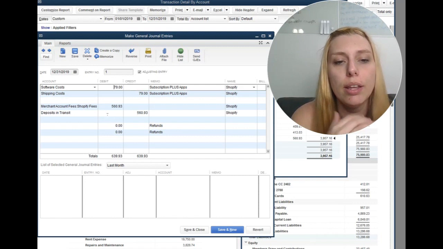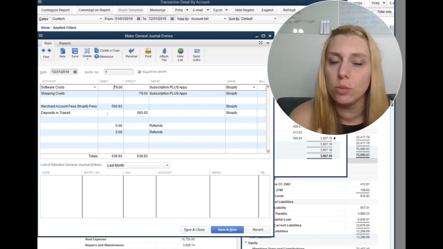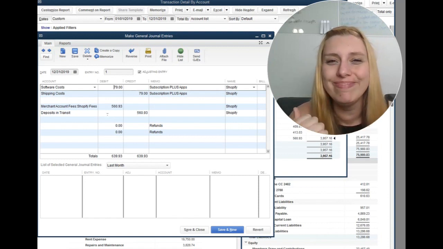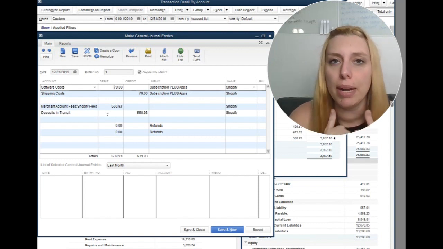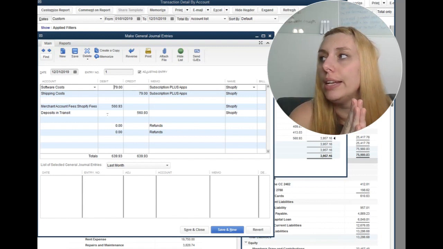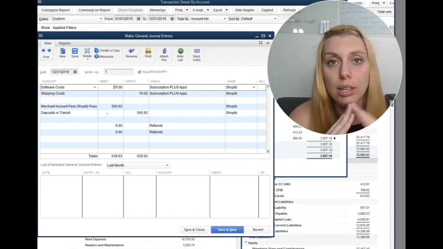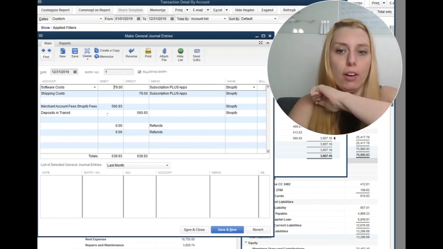The second one is merchant account fees. Shopify is one of those beautiful platforms that takes their money out on the front end. So we have to be able to capture it, because if we didn't do this step, your deposits in transit would go up and up and up forever.